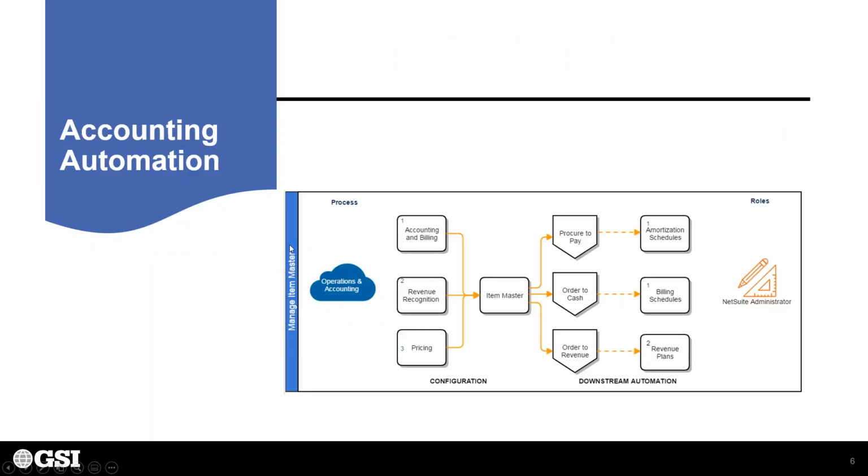So with that, one other quick note on the power of NetSuite. One of the last key elements in the professional services realm is the accounting automation that can happen behind the scenes. And so across a lot of different elements of your business, you will have requirements to perhaps allocate expenses.